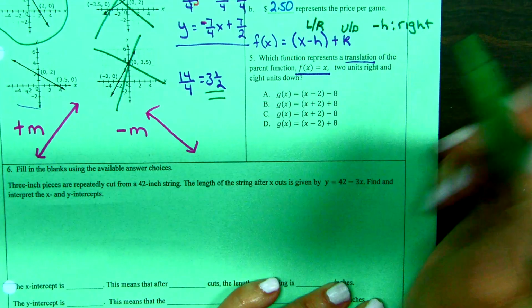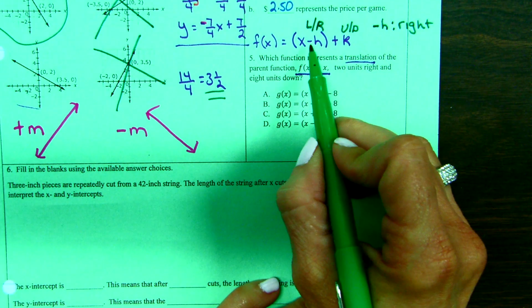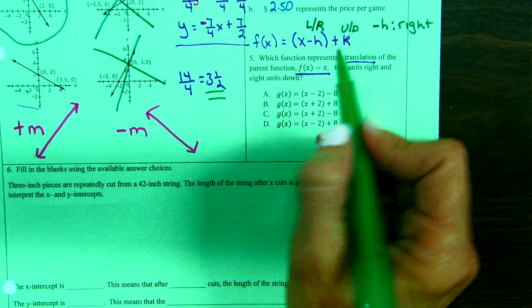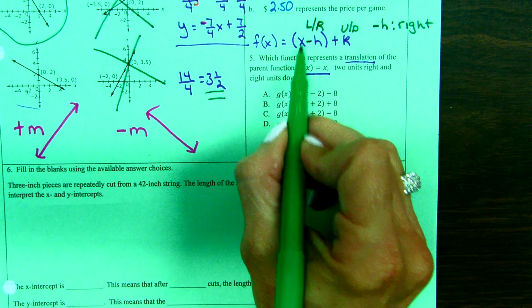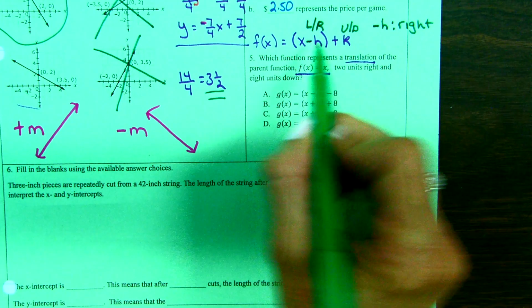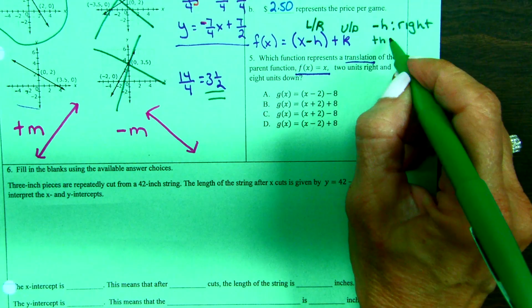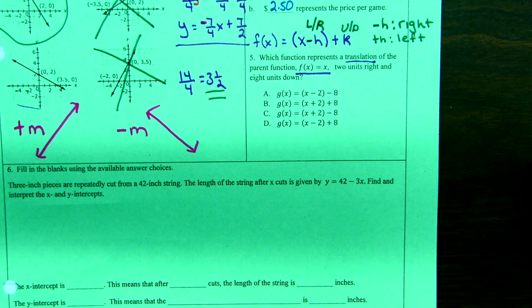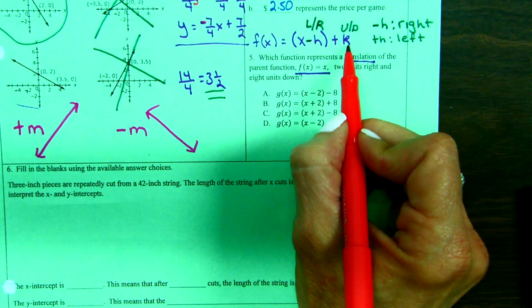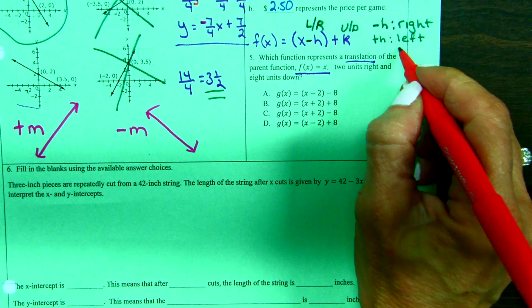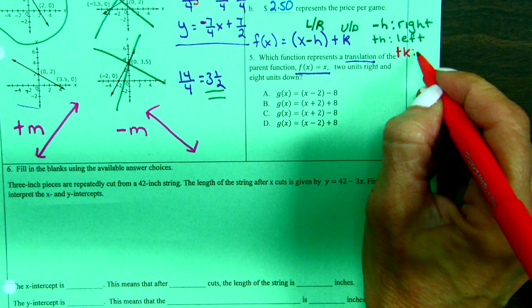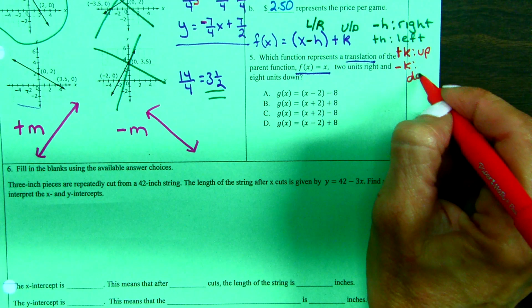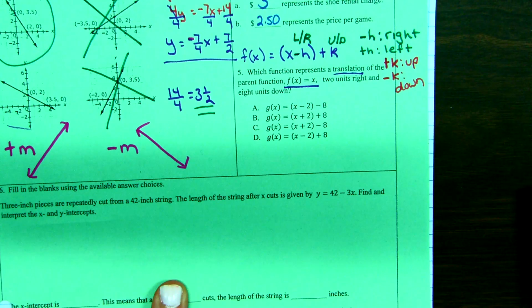It's the opposite of what you would think, because normally a negative number on the x-axis goes to the left, but because of the minus in the formula, it's opposite. A positive H goes to the left. But K is not opposite. A positive K goes up and a negative K goes down.